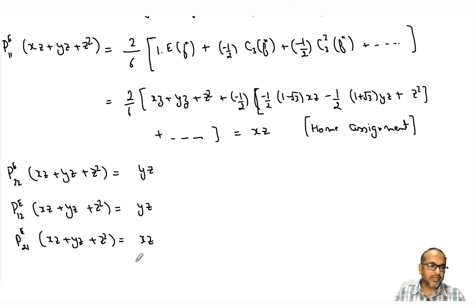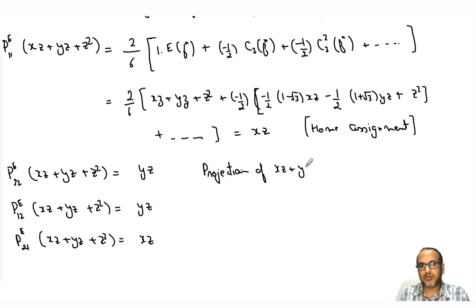So all of this gives you this thing. So this implies that this particular projection of xz plus yz plus z square on E IR representation is nothing but a linear combination xz plus yz.